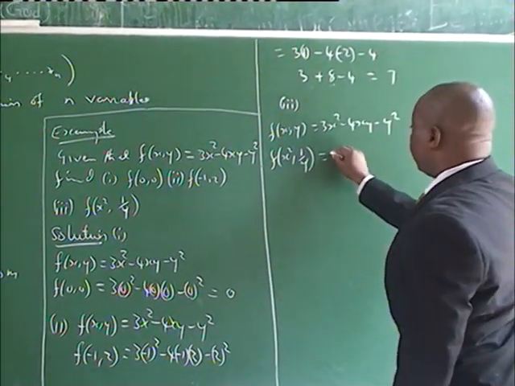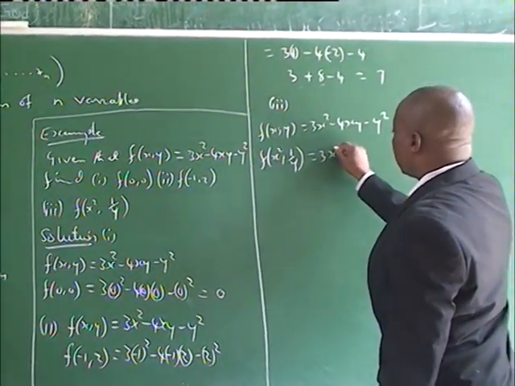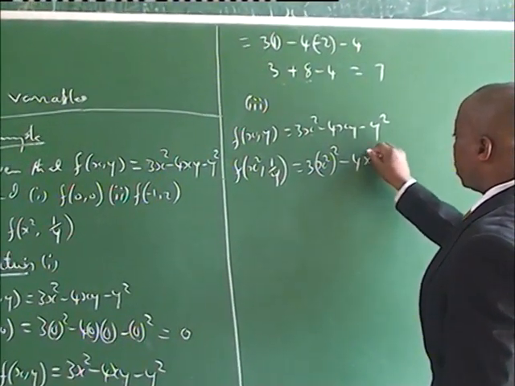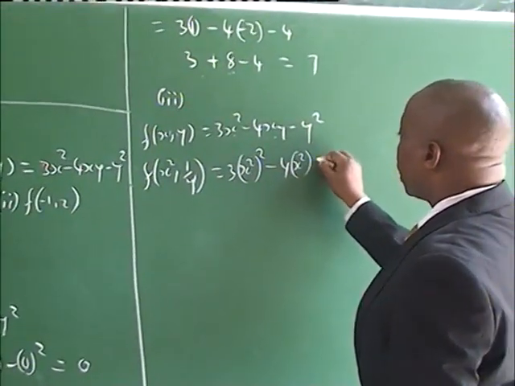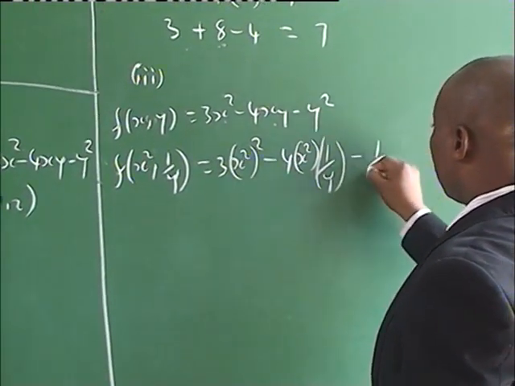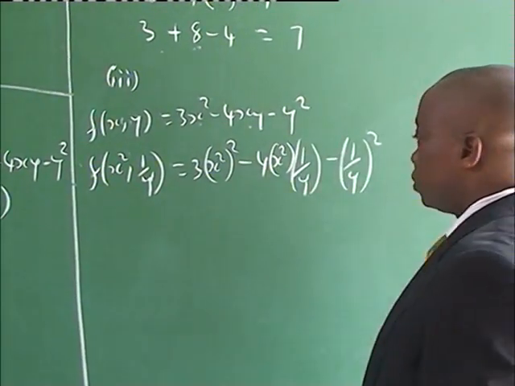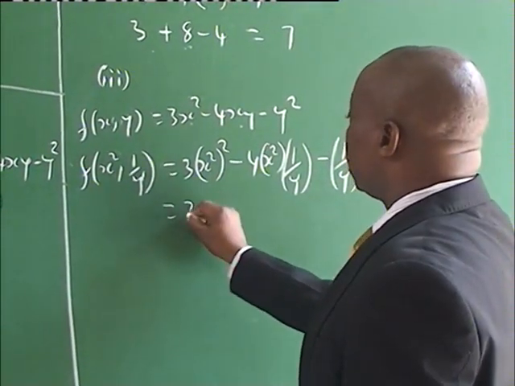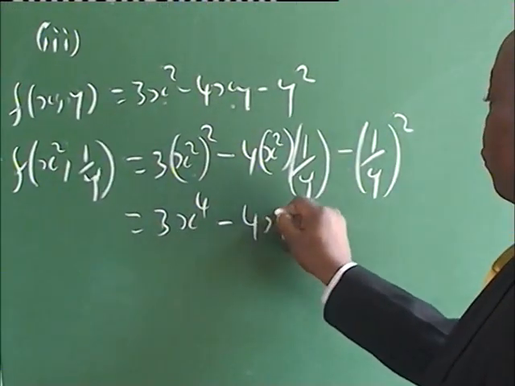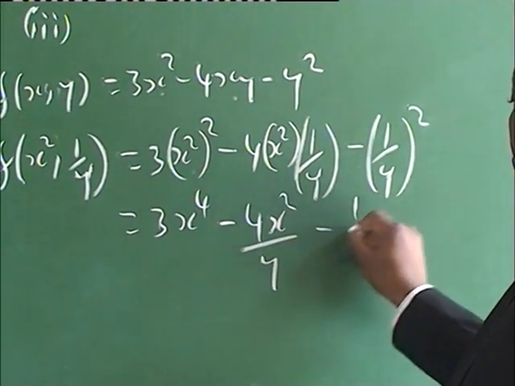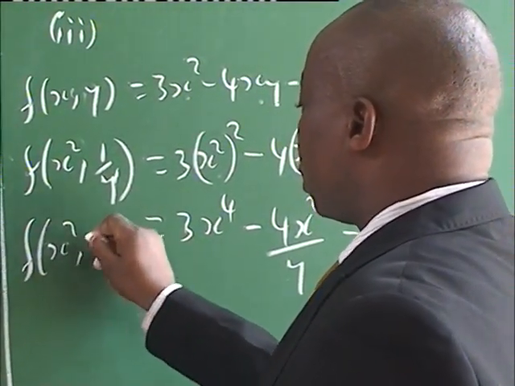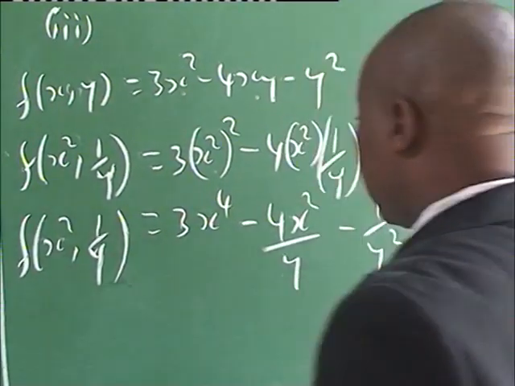So this will give me 3 times x squared squared, minus 4 times x squared, then y is given as 1 over y, minus 1 over y squared. So what I will have here is 3 times x raised to the power 4, minus 4x squared over y, minus 1 over y squared. So at this particular point, f of x squared, 1 over y is given by this.